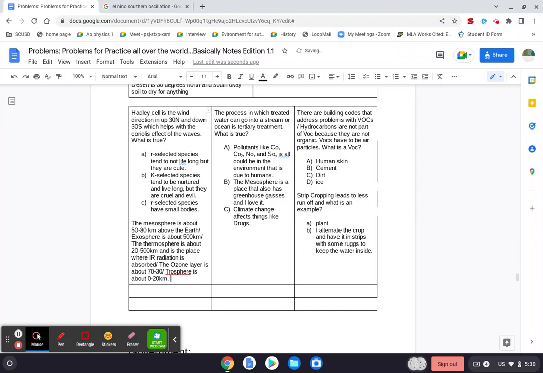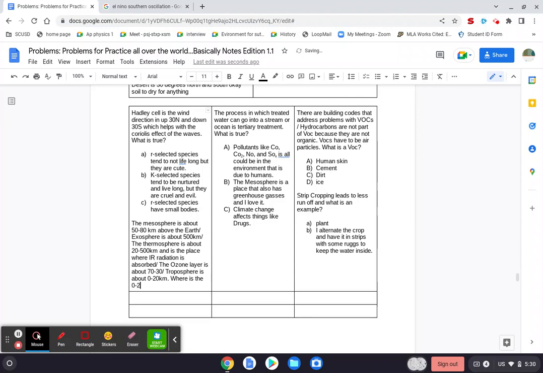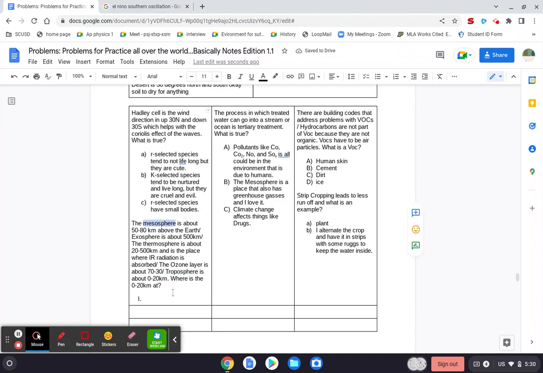Where is the 0 to 20 at? Because this is literally just a reading question, right? I can go hardball on it and put mesosphere first.